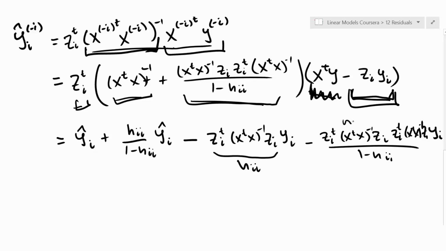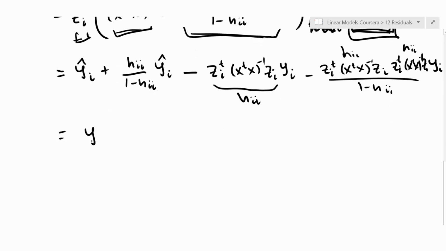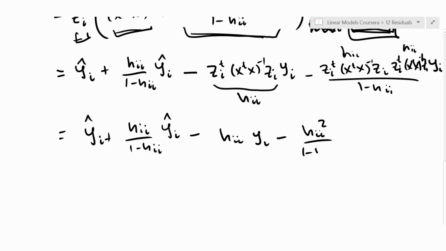And then you'll see that this is h_ii and this is h_ii. So what do we get? We get ŷ_i plus h_ii over 1 minus h_ii times ŷ_i, minus h_ii times y_i, minus h_ii squared over 1 minus h_ii times y_i.